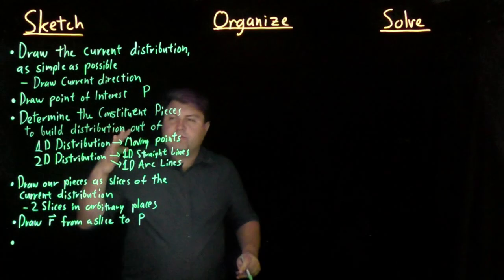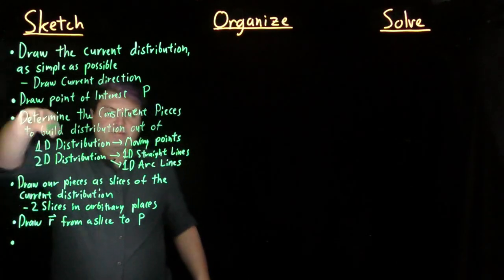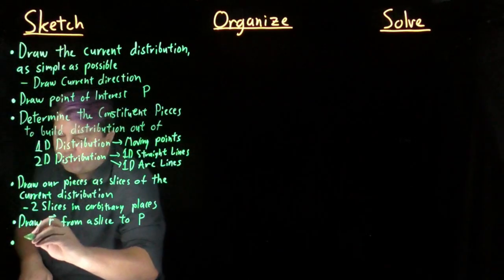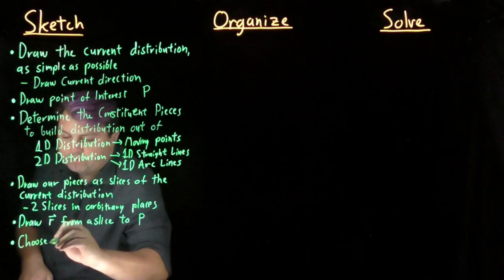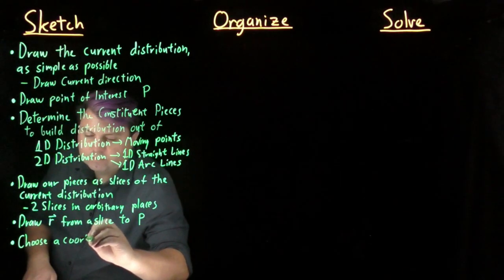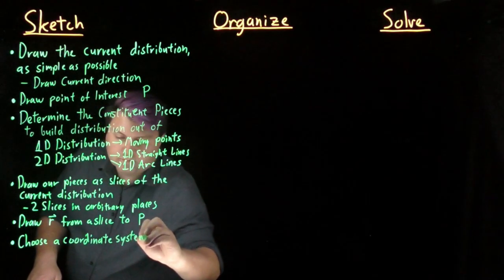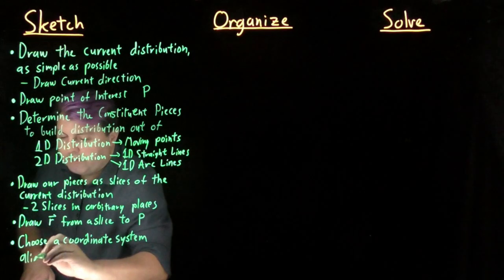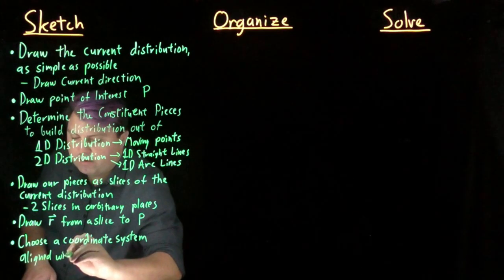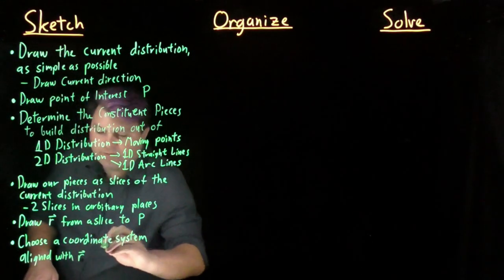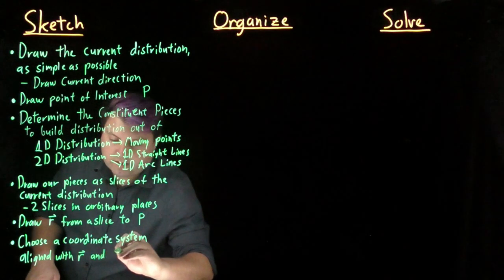And because we really only want to establish a coordinate system after we've done all this, we want to choose a coordinate system and we want to align it with our R vector and the direction of the current.